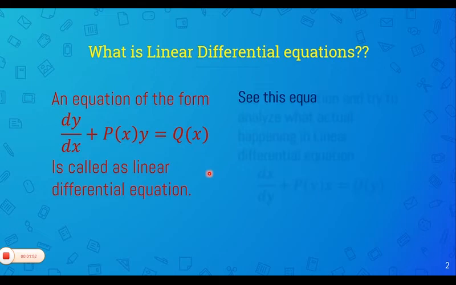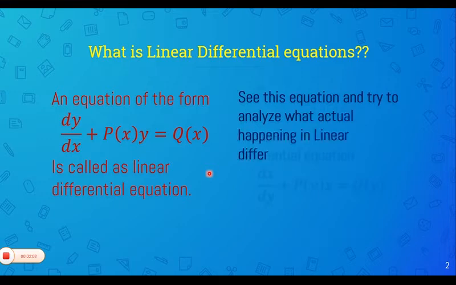See another equation and try to analyze what is actually happening in such linear differential equations. The equation is dx by dy plus px equal to qy. In the first term, the derivative of x has been taken.